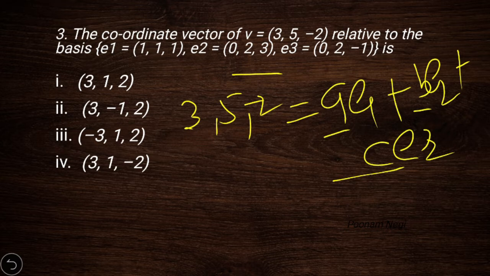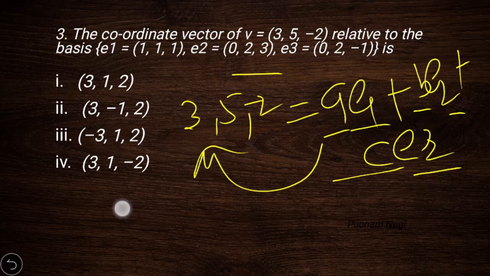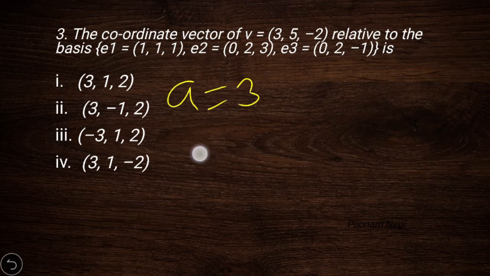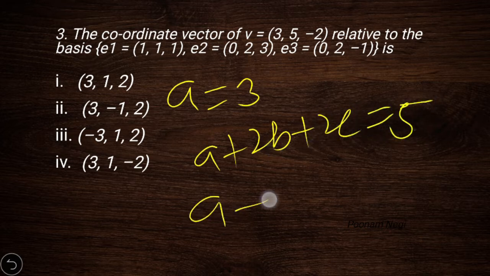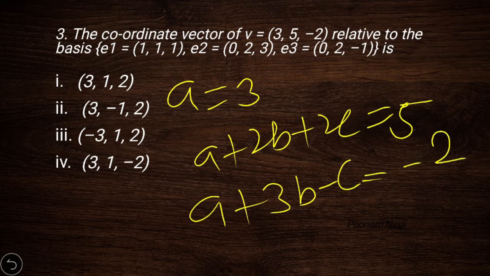If we put (1, 1, 1) in place of E1, (0, 2, 3) in place of E2 and (0, 2, -1) in place of E3, and then finally compare with the left hand side, you will have a equals 3, a plus 2b plus 2c equals 5, and a plus 3b minus c equals minus 2.